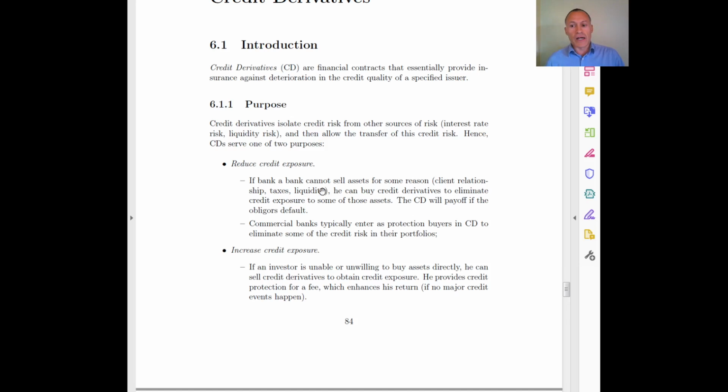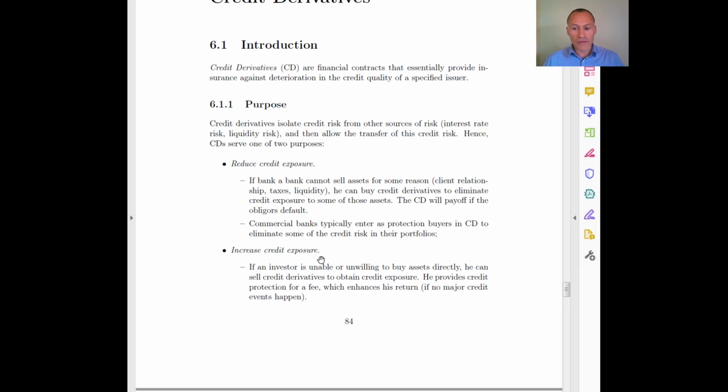If for some reason the bank does not want to sell the assets, it can buy credit derivatives to eliminate or to reduce the risk that it has on the balance sheet, right? So the bank will typically enter into the credit derivative as a protection buyer. Okay.